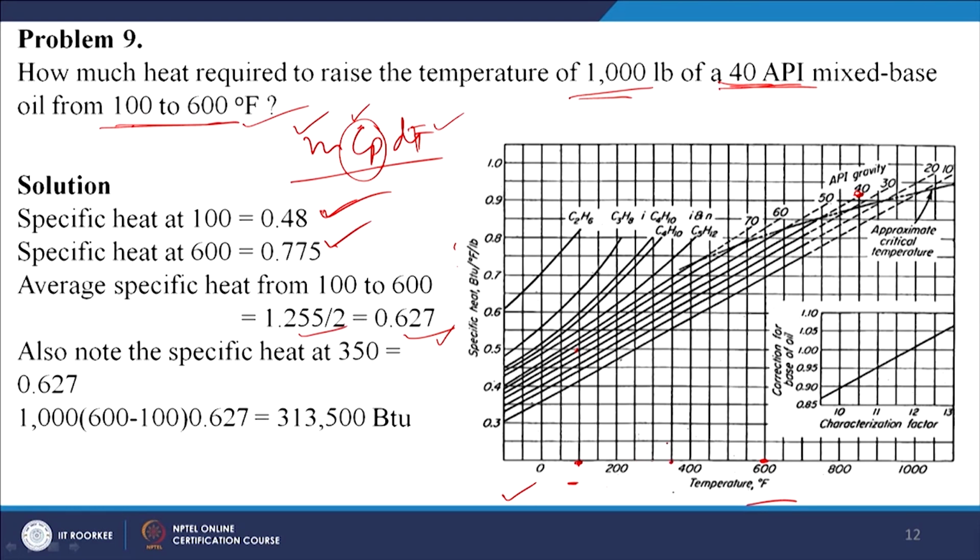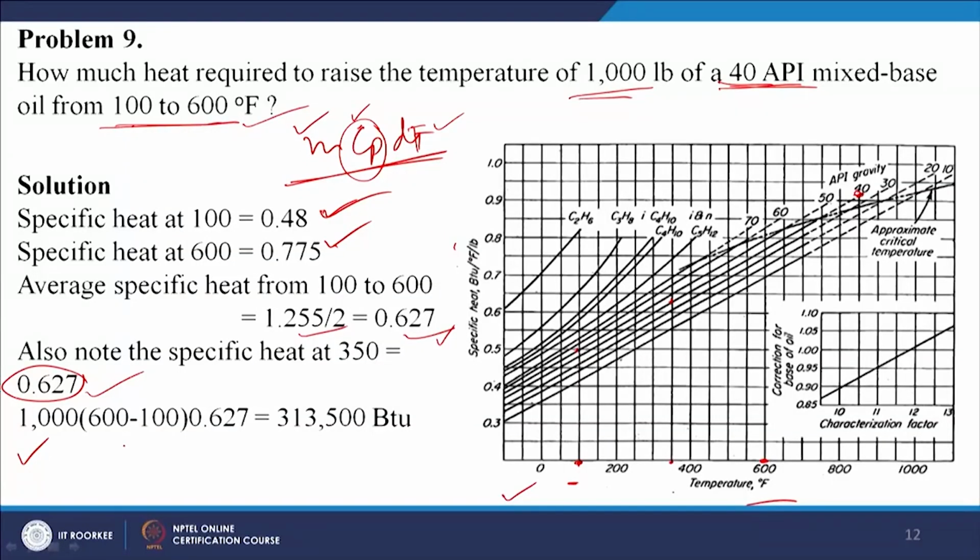So, if we take the 350 curve and 40 API, then also it is coming the same value, that is 0.627. So, now we are able to get the average specific heat.